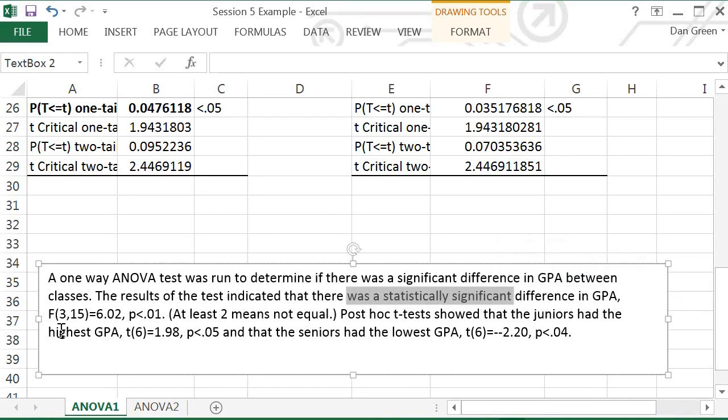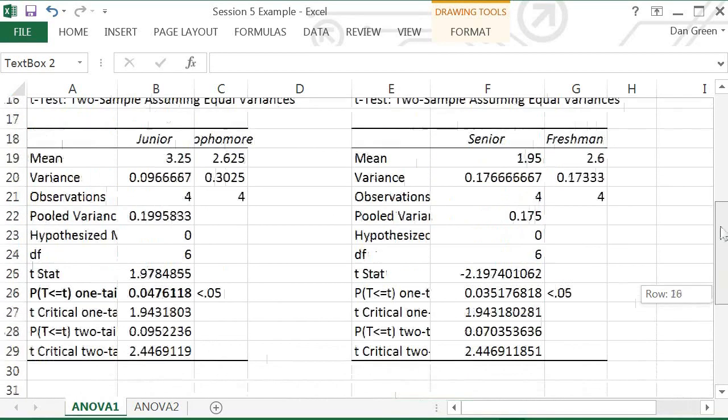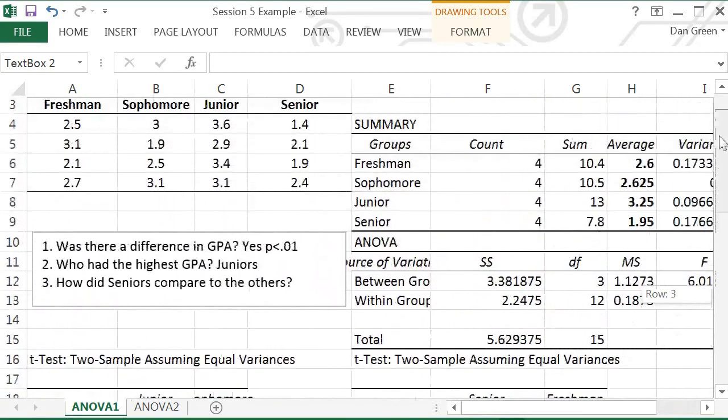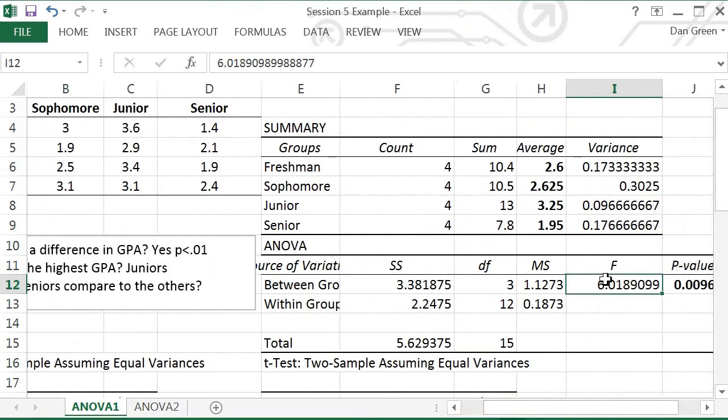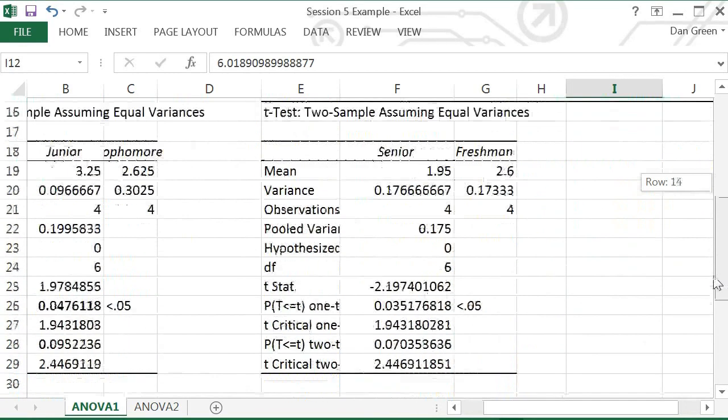APA indicates that you should specify the F statistic and the p-value. So our F statistic in the ANOVA is right here. That's the 6.02. They also like you to include the degrees of freedom for between groups and the degrees of freedom total. So the 3 and the 15 and the 6.02.